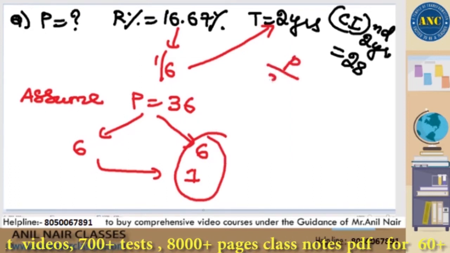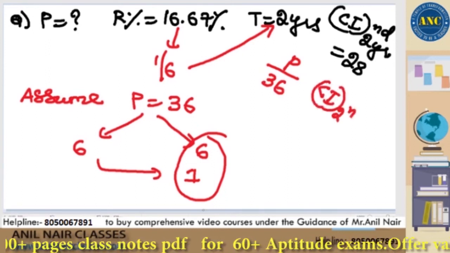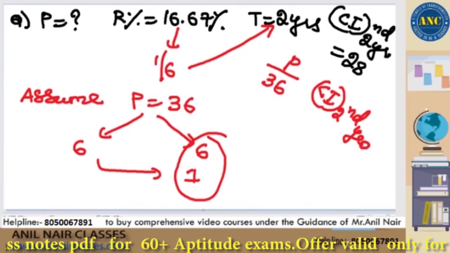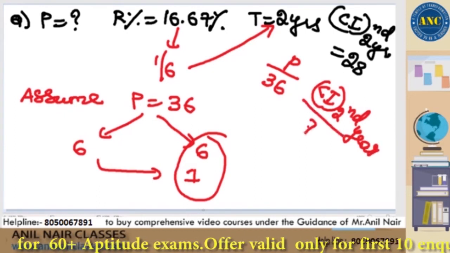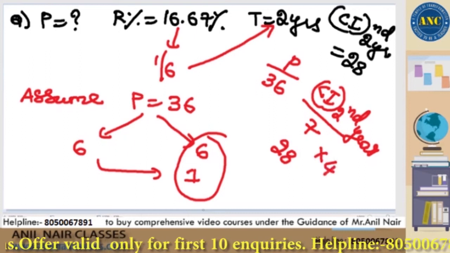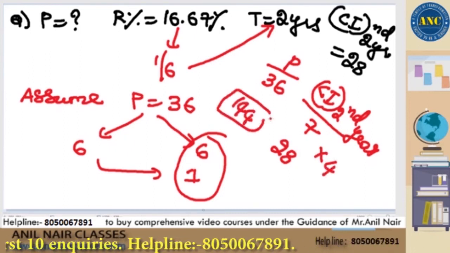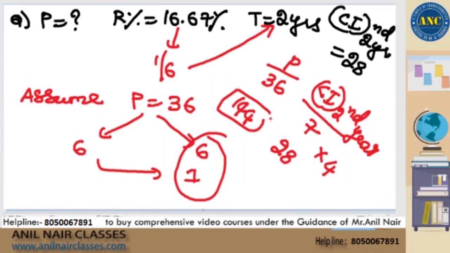If the principal is 36, CI for the second year is 6 plus 1, 7. But according to the question, it is 28. 7 fours are 28, so 36 fours are 144. So P is 144.